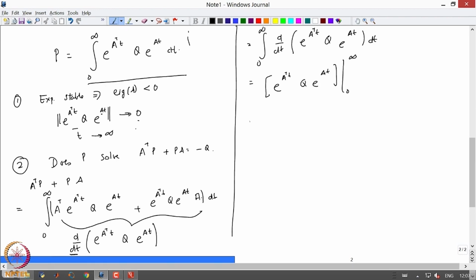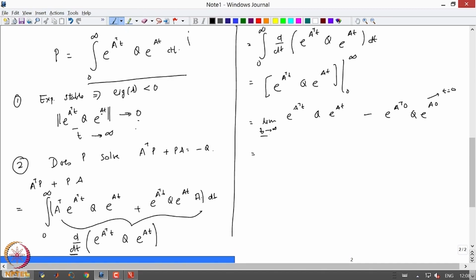So, I am looking at the limit as t goes to infinity of e power A transpose t Q e power A t, minus the value at t equal to 0, which is e power A transpose 0 Q e power A 0, the second term as t equal to 0 and the first term as t goes to infinity.